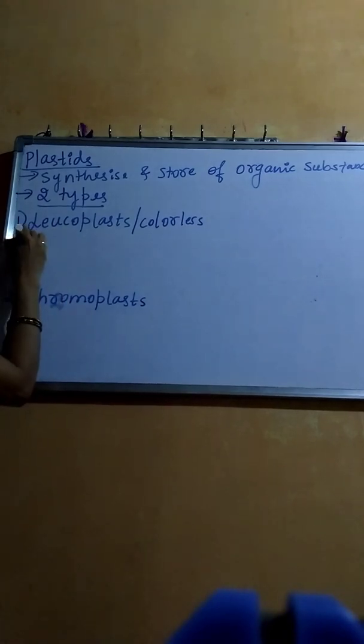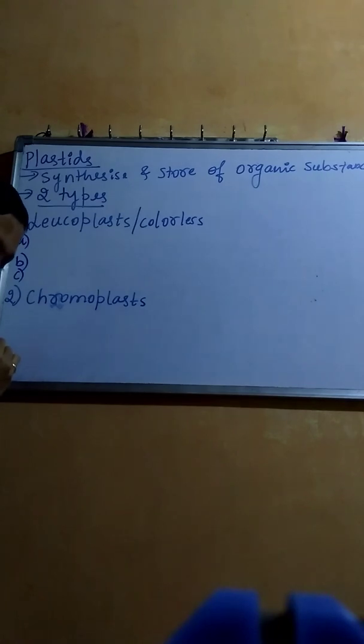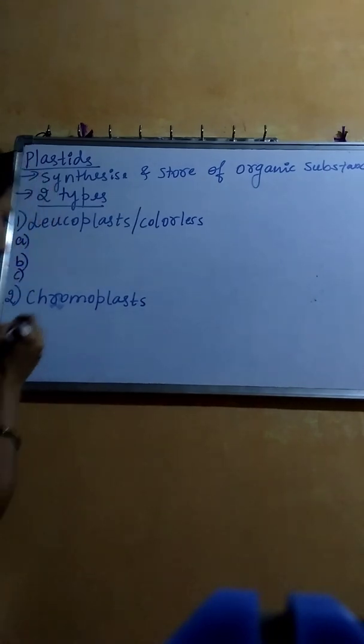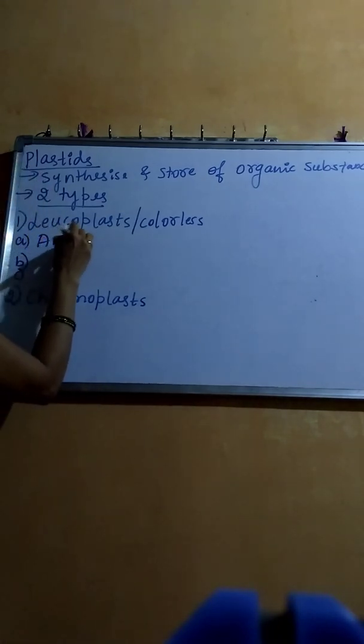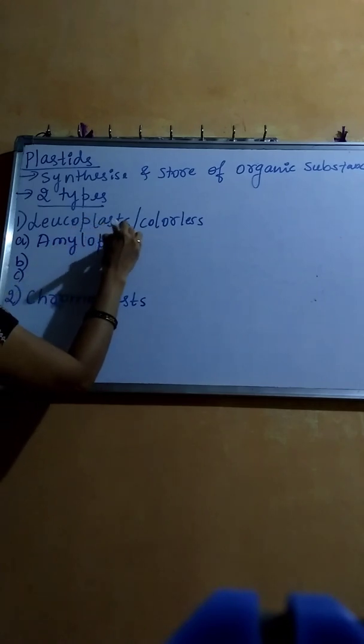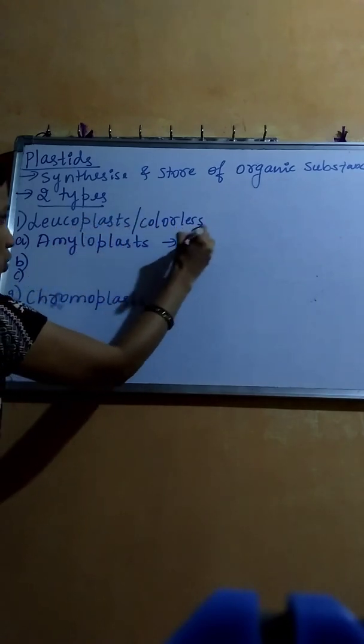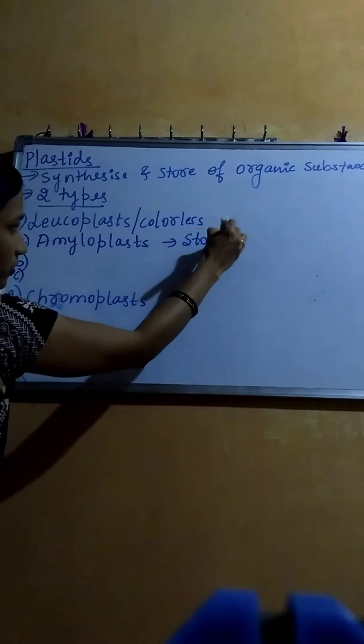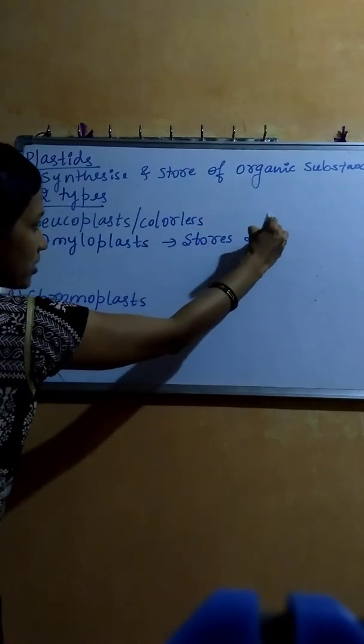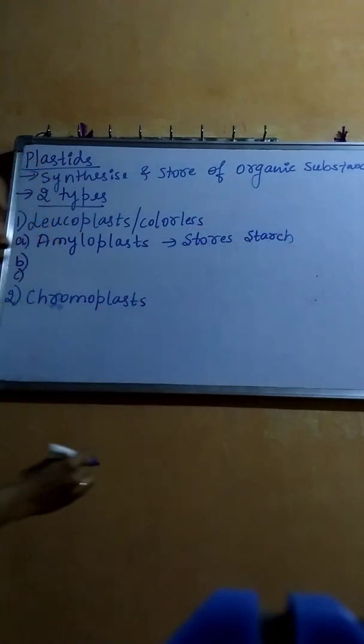In the case of leucoplast, there are three types. Amyloplast is a type of leucoplast which is meant for the storage of starch.